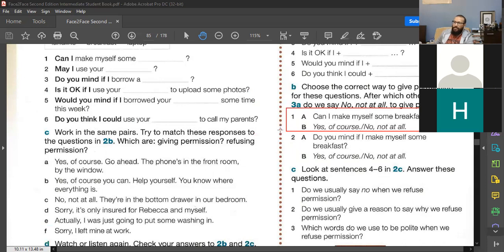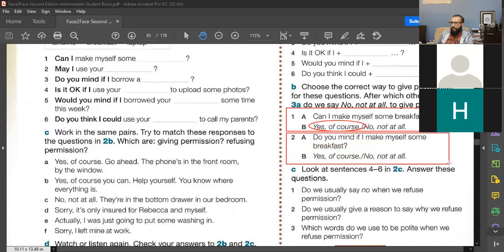If someone asks you, can I make myself some breakfast? Yes, of course. This means you're giving permission to the person. But what about the second question? If the person says, do you mind if I make myself some breakfast?